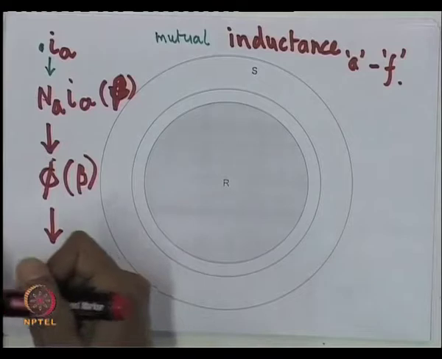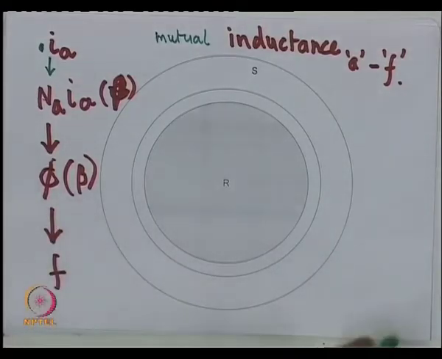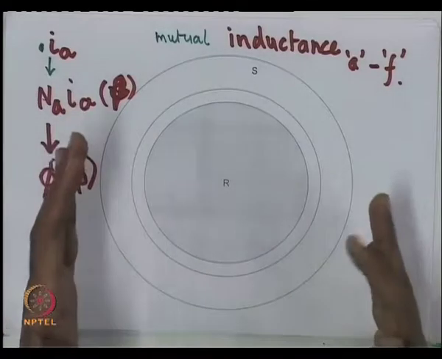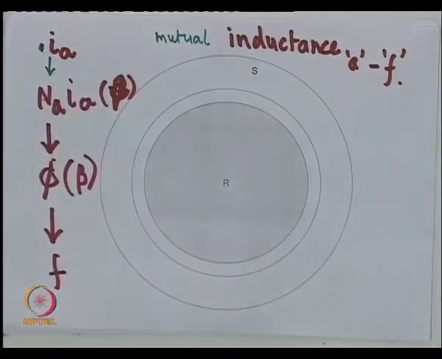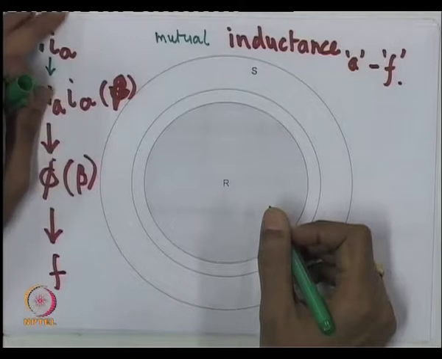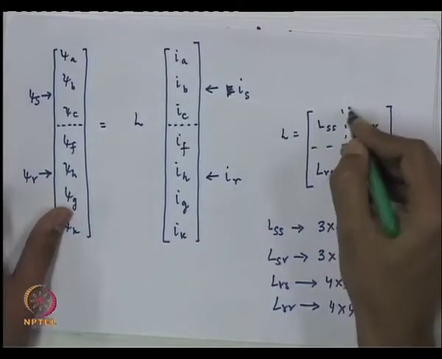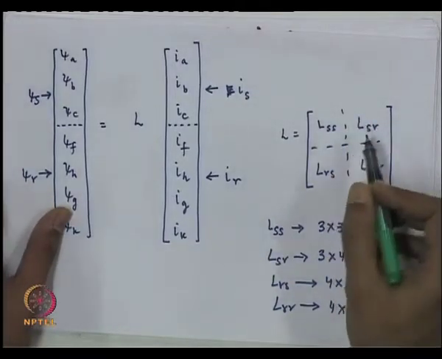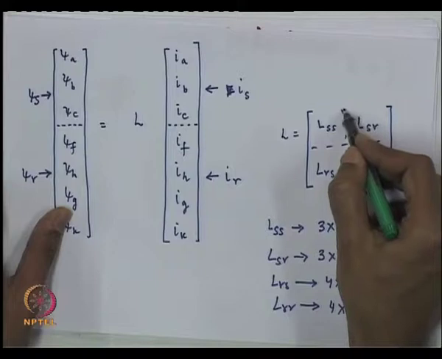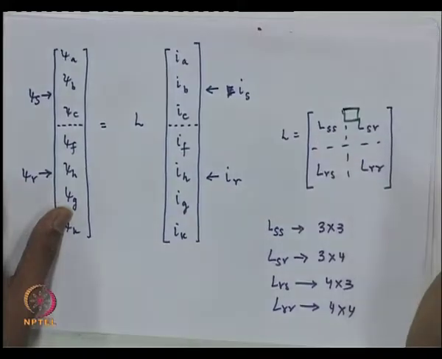Now, how do we actually proceed? For example, let us start off by trying to find out the mutual inductance between the winding A and the winding F. Actually I am trying to take out the first component of this LSR matrix.